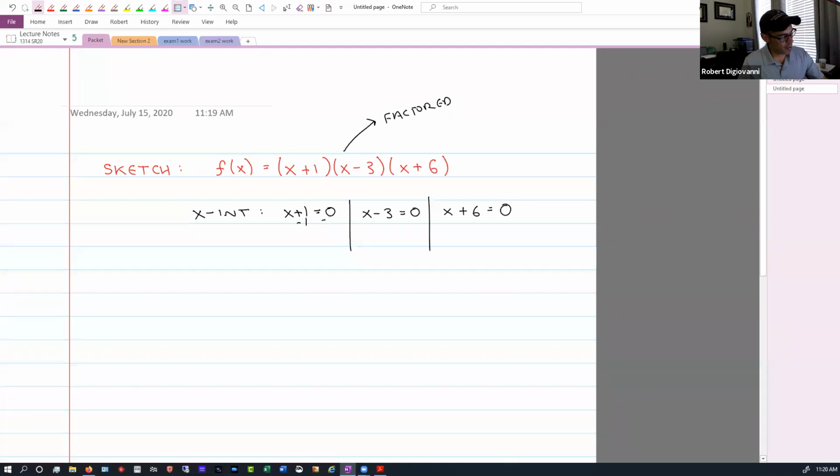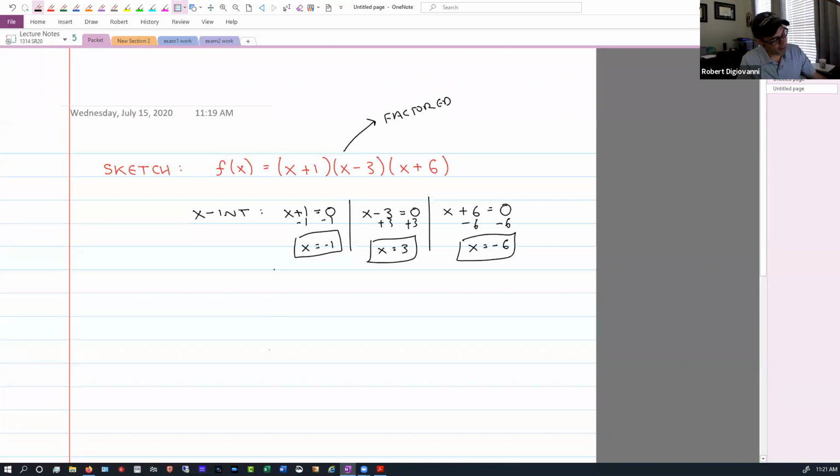Here I just subtract 1, we get x is -1. Here we add 3, we get x is 3. Here we subtract 6, we get x is -6. Do you all follow that? Any questions there? Okay, so here's what I know so far.